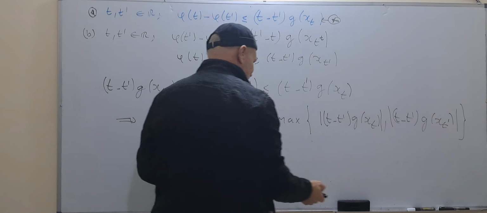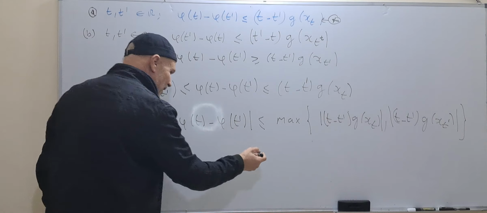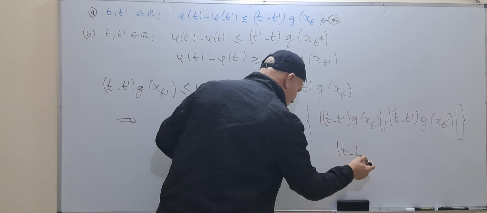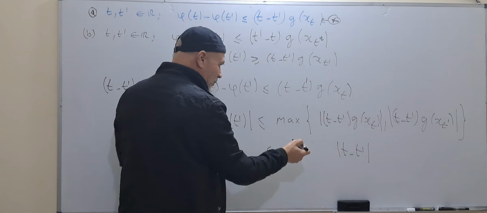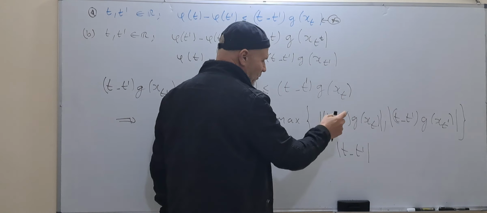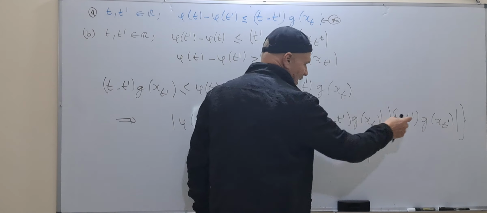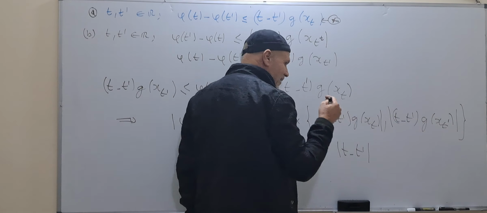Yes, this, which is less than or equal to t minus t prime, and here we have the supremum of g, the supremum of g of xt and g of xt prime.